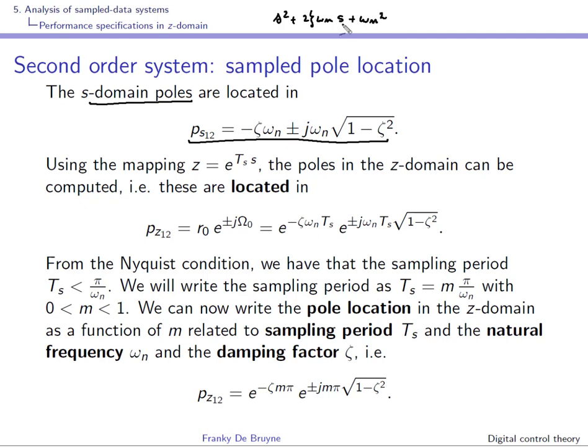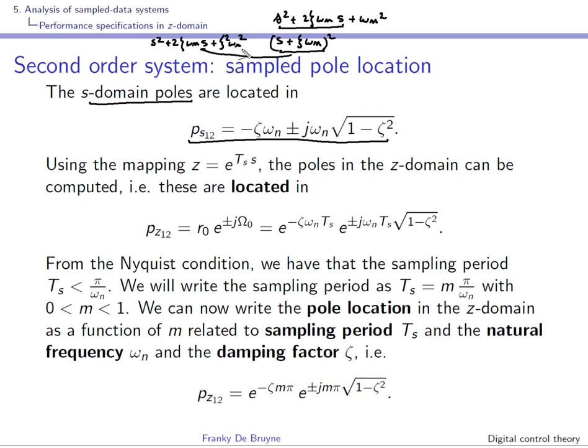So you can complete the squares. So this is s plus zeta omega n, squared. This one over here is s squared plus 2 zeta omega n s plus zeta squared omega n squared, right?